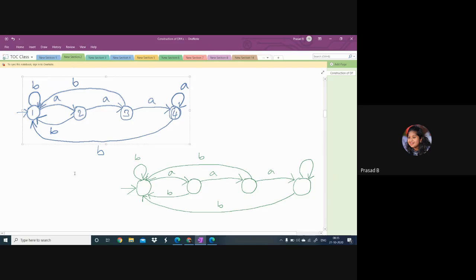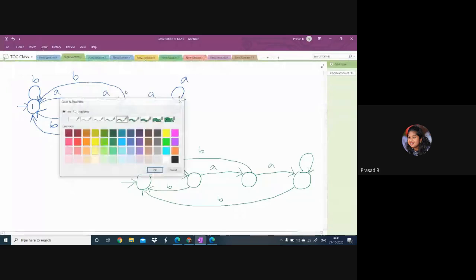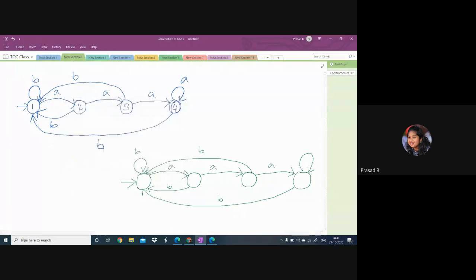Complement of an automata will be formed by interchanging final and non-final. In this automata the fourth state is final, so here the fourth will become non-final, whereas states 1, 2, 3 are non-final here, and they will become final.